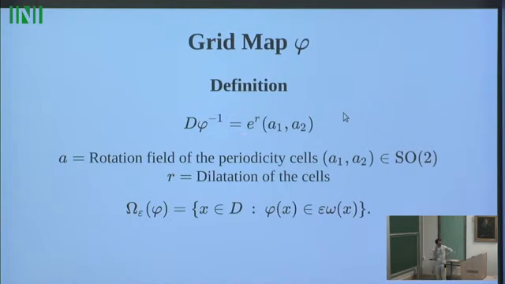The output of the homogenization method is the local orientation of the periodic cells, and also some other parameters that describe the size of the hole, but we are not interested in the size of the holes here. We are only interested in the orientation.